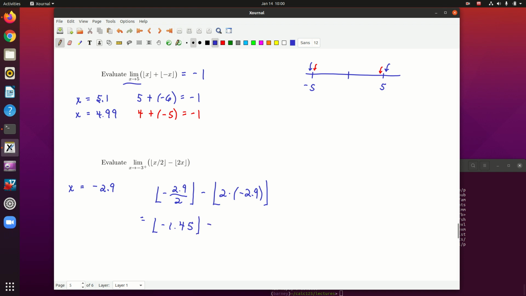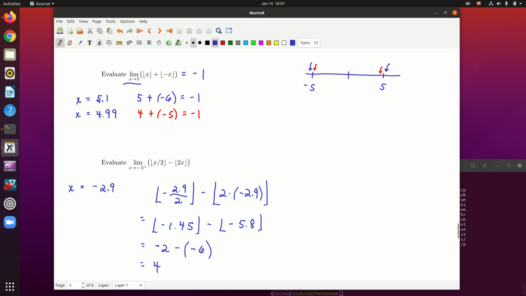And then this is going to give us a -5.8. So with negative numbers, you have to be careful. You want the greatest integer that's to the left, smaller than this number, so we have to go to -2. And for the other one, we want to be smaller than -5.8, so that means we need to go back to -6. So we're going to get 4.